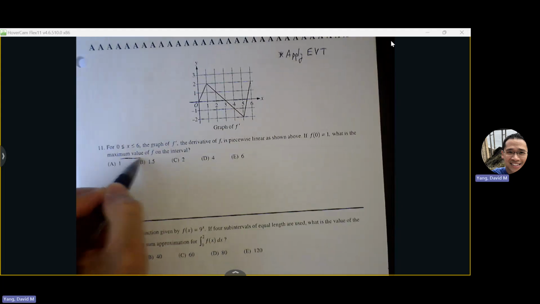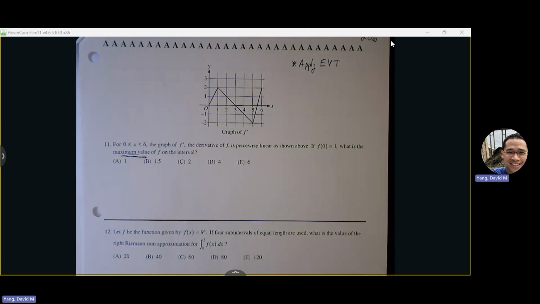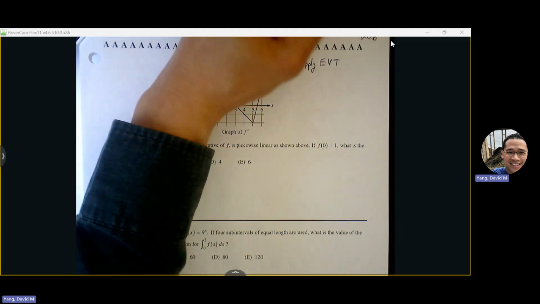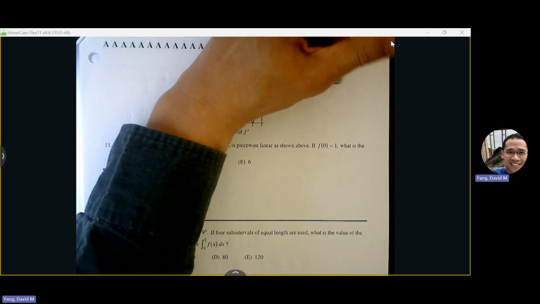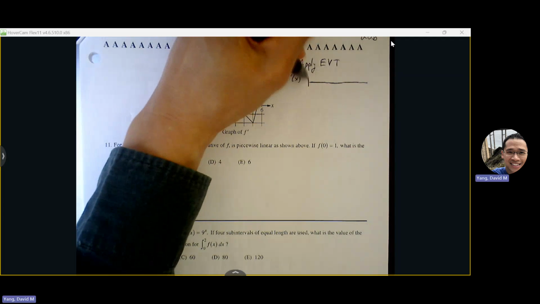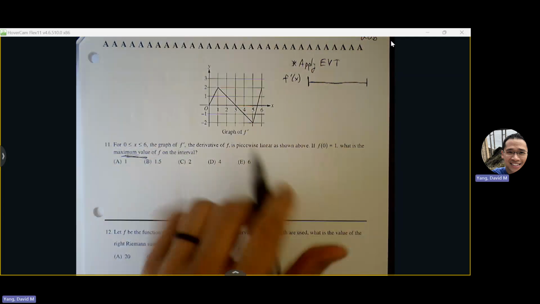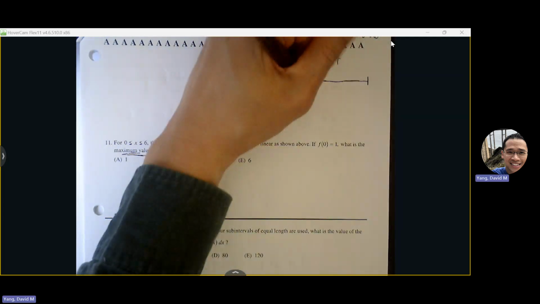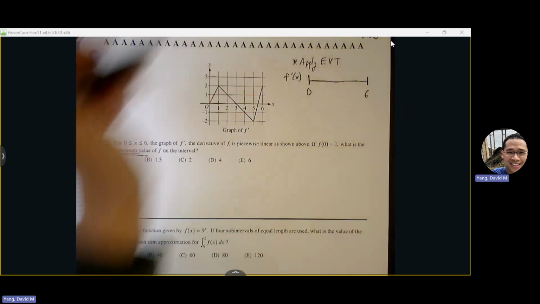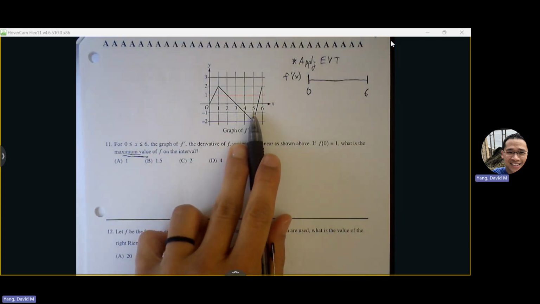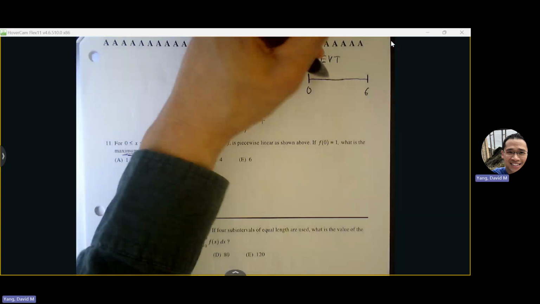But we're looking for max value here. So all we need to test are endpoints and relative max. So let me just create a sign line for f prime just so I can figure out what points I really need to be testing. So I'm going to go from 0 to 6. Those are my endpoints. My critical points are at 3 and 5.5.